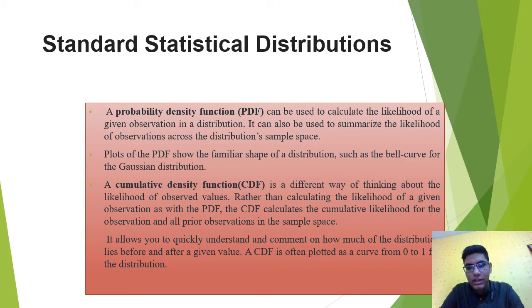Rather than calculating the likelihood of a given observation with the PDF, the CDF calculates the cumulative likelihood for the observation and all prior observations in the sample space. So basically, it allows you to quickly understand and comment on how much of the distribution lies before and after a given value. A CDF is often plotted as a curve from 0 to 1 for the distribution. So this is the CDF and PDF.